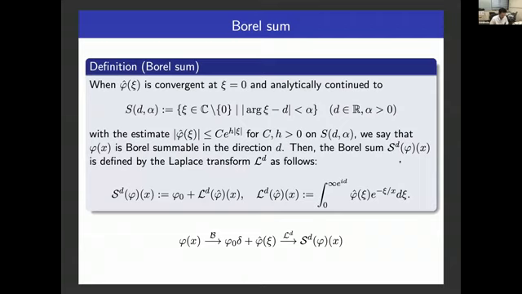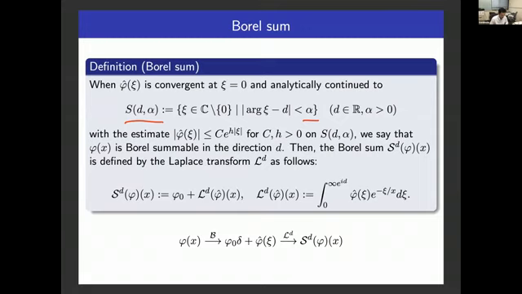So when phi hat xi is convergent at xi equals 0 and analytically continued to the sector S_{d,alpha}, the center of the direction is d, and the opening is alpha here, and we denote it by S_{d,alpha}.